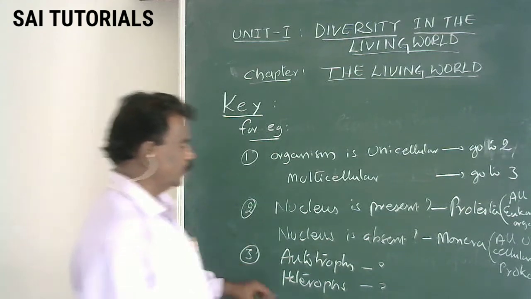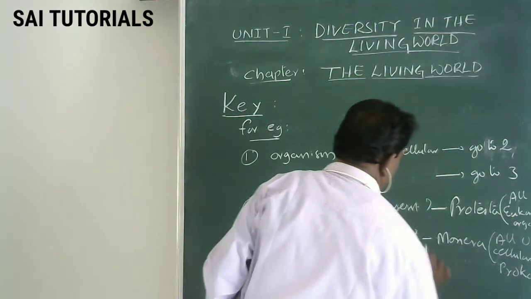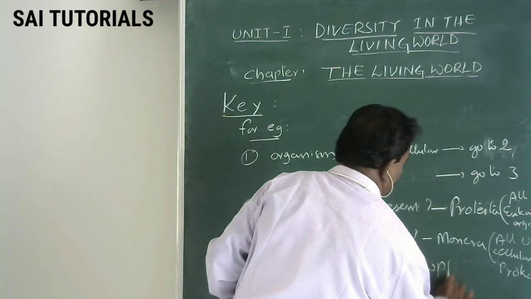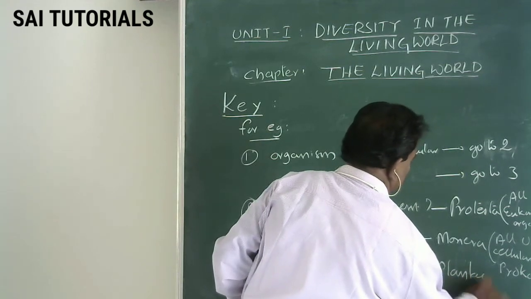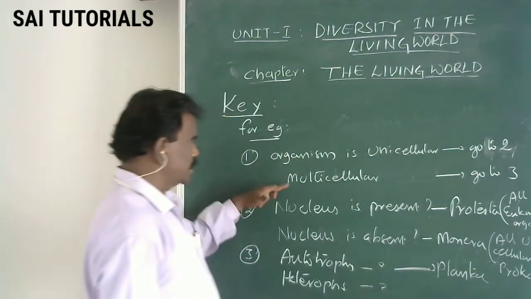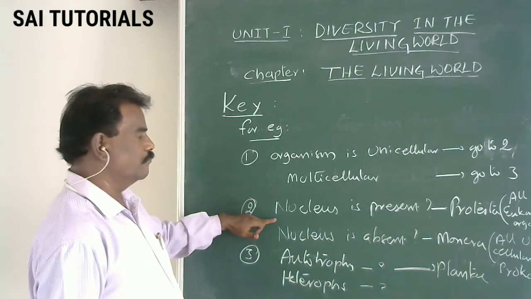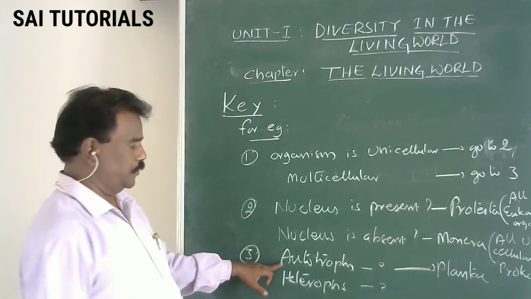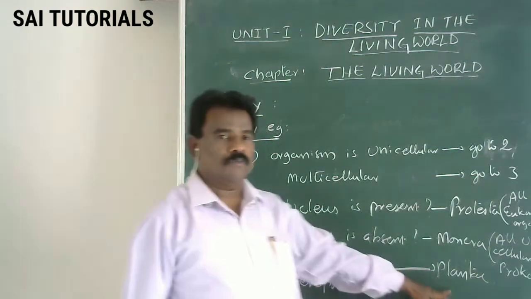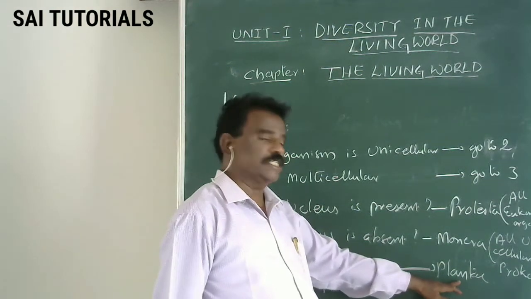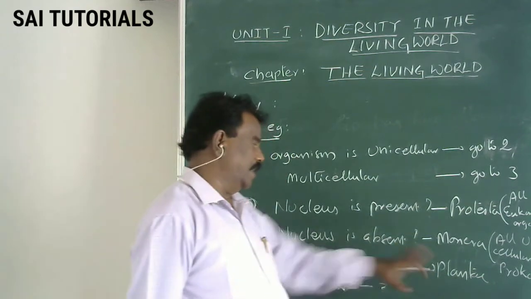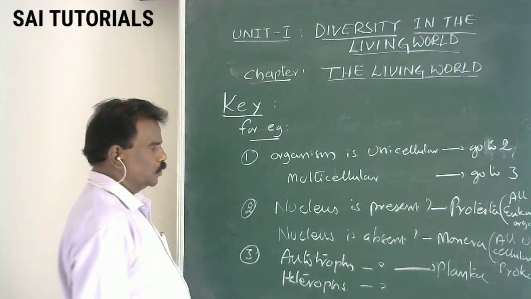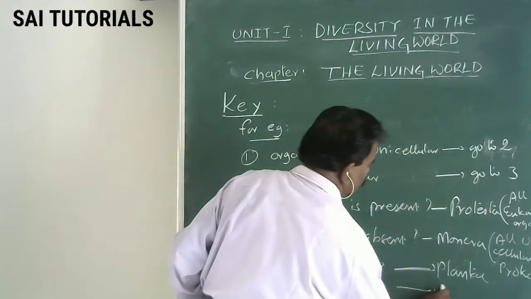If it is an autotroph, it is Plantae. The organism is multicellular, having a proper nucleus, and it is an autotroph. So all plants belong to the kingdom Plantae. That is the lead. If it is a heterotroph, we go to the fourth couplet.